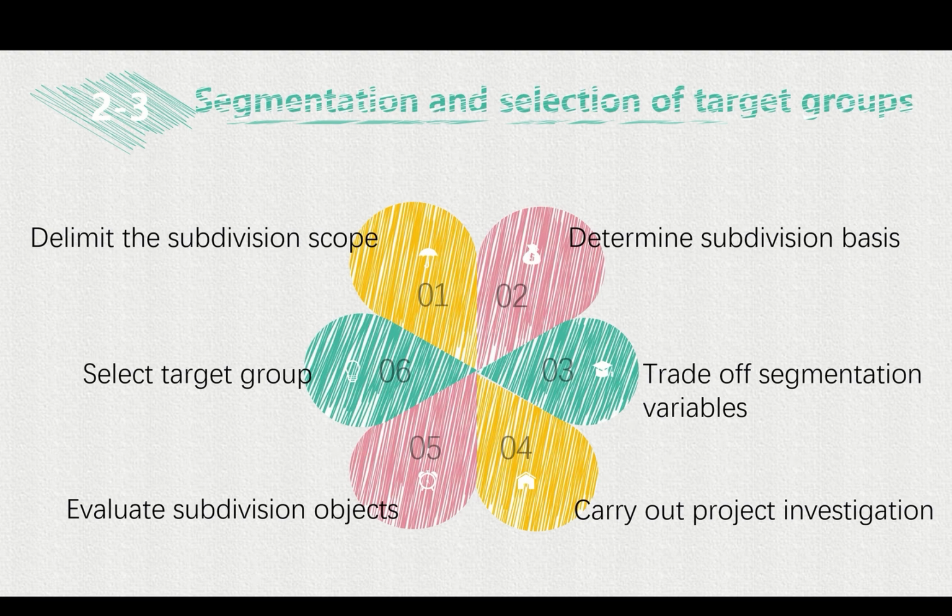Subdivision variables, also known as a subdivision scope, are the specific elements constituting the basis of subdivision and the analysis unit used to analyze the degree of demand difference of target groups.